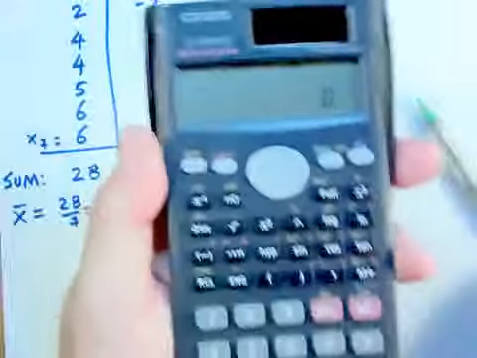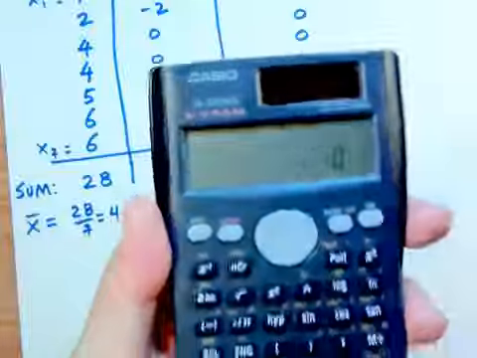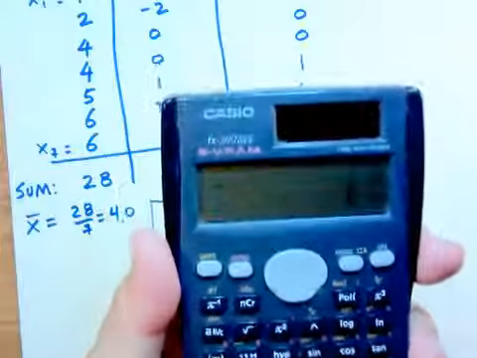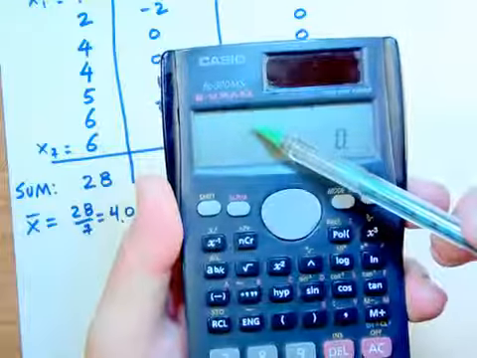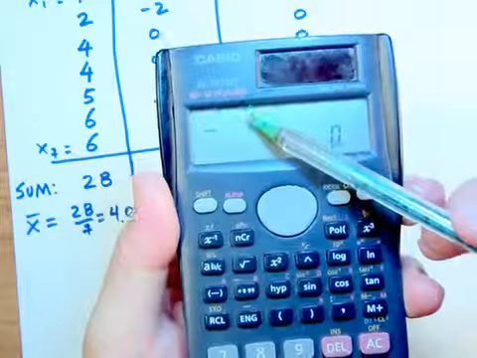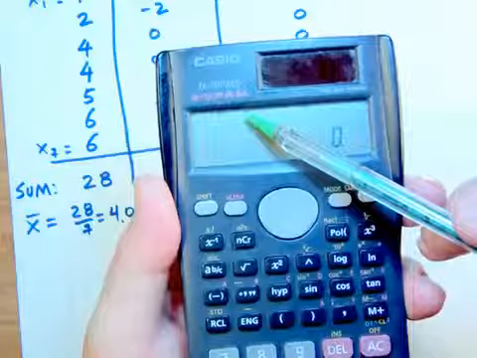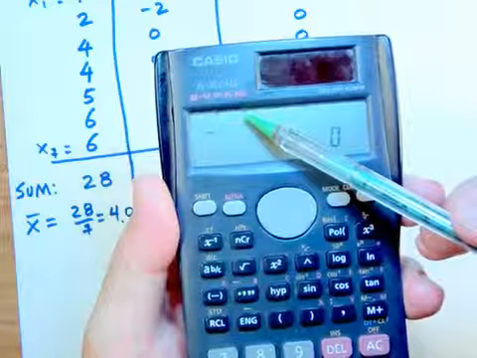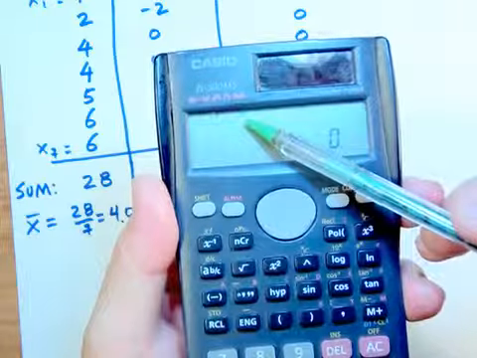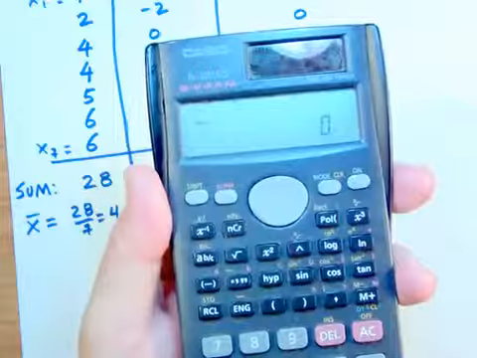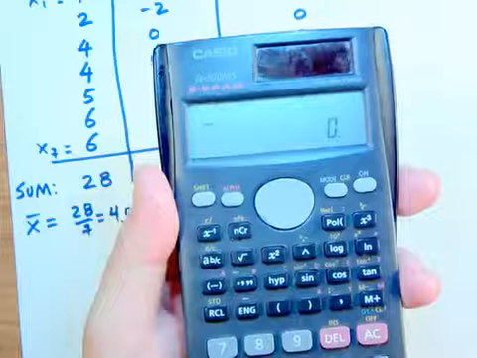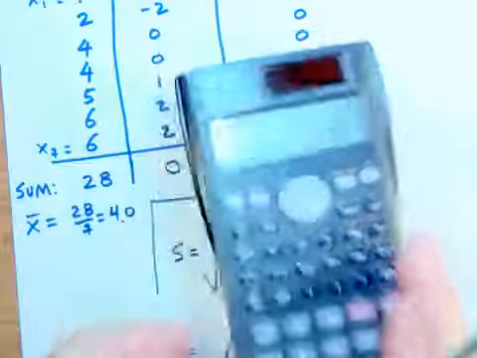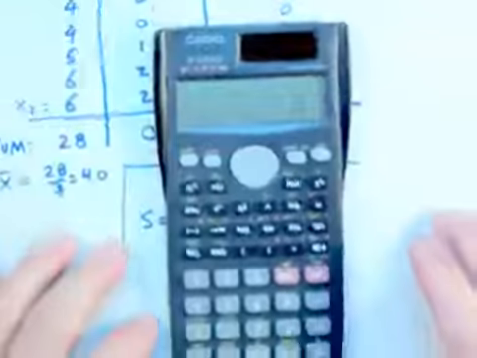This SD right here, you see that SD? You do need to see that. You probably need a magnifying glass to see this small writing. That means you are in statistics mode. Without it you cannot enter any data or compute any variable.